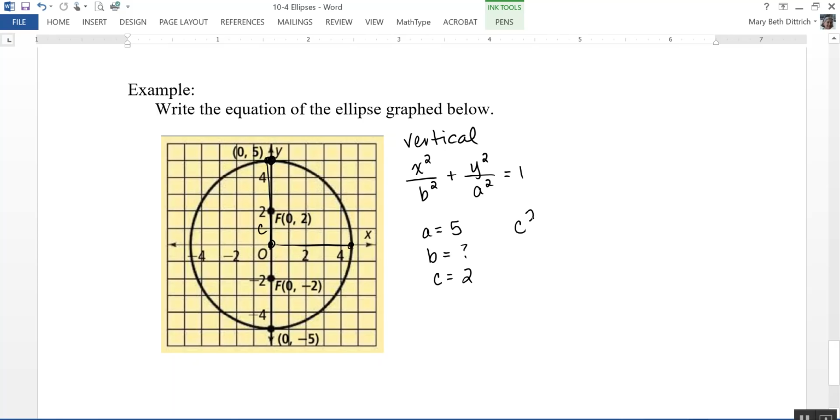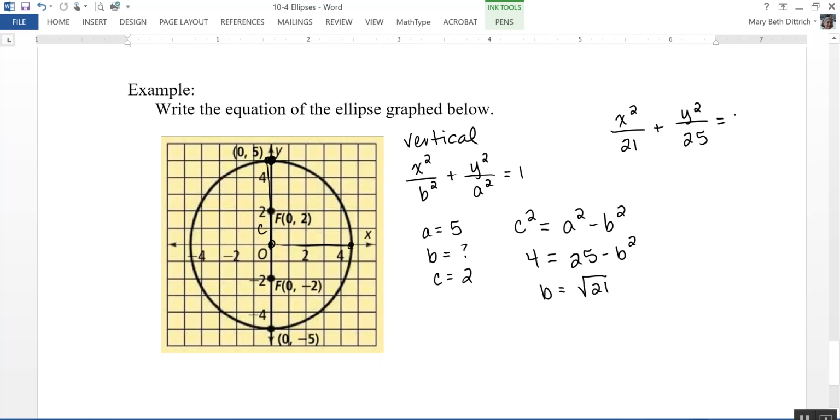So I will use c squared equals a squared minus b squared, or 4 is equal to 25 minus b squared, or b is equal to the square root of 21. So plugging those into my formula, I'll have x squared over 21 plus y squared over 25 equals 1.